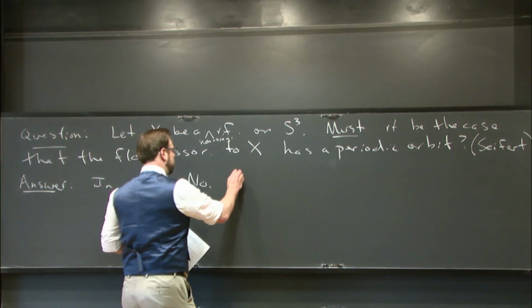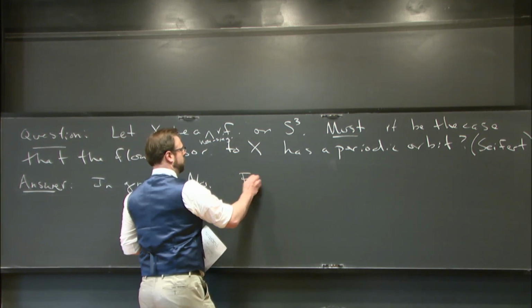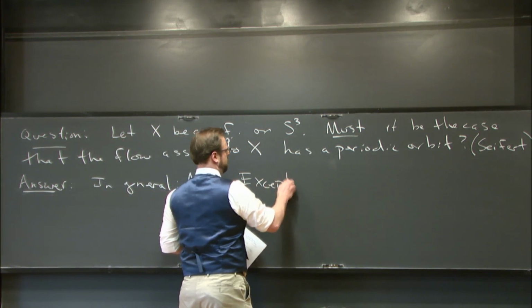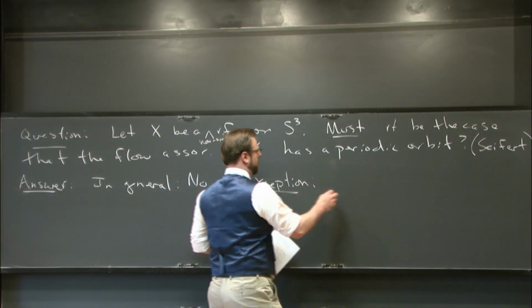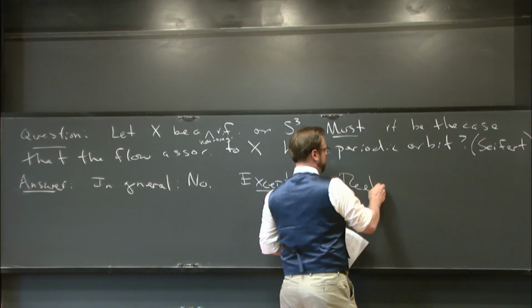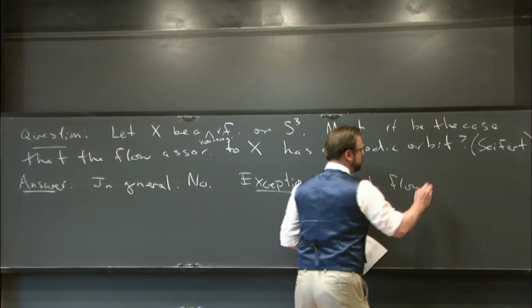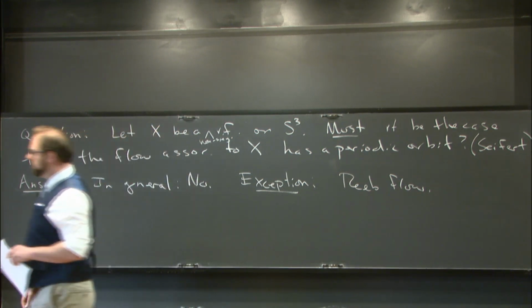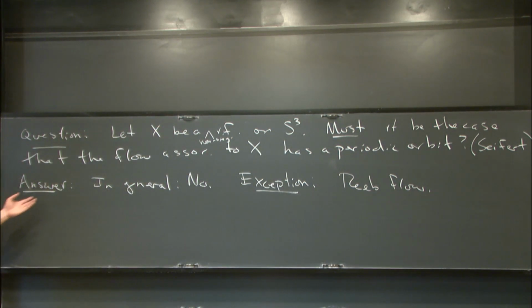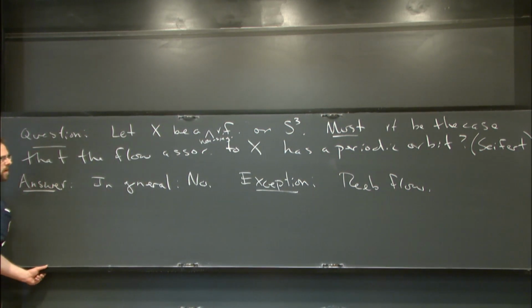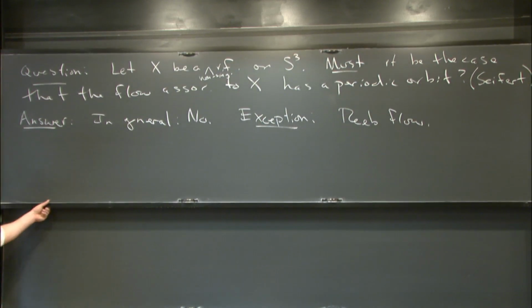There's an exception, which is the Reeb flow. So this is a flow generated by a Reeb vector field. And in this case, Helmut's 93 paper guarantees the existence of a periodic orbit for any Reeb flow on S3.